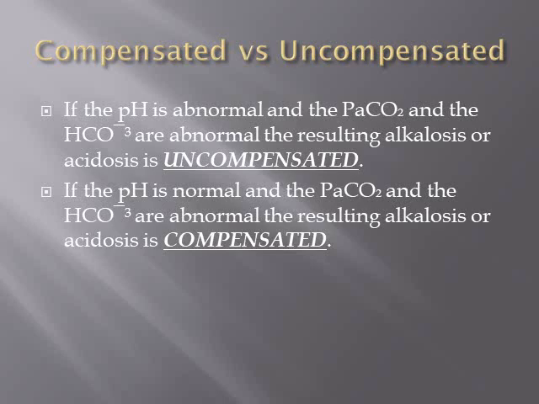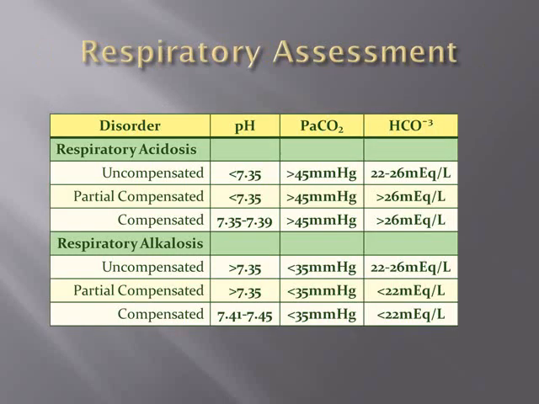So if the pH is abnormal, the PaCO2 and the bicarb are abnormal, and the resulting alkalosis or acidosis, it's uncompensated. Now I have more pictures in the next couple of slides that'll show you what partial compensation looks like. But if the pH is normal and the PaCO2 and the bicarb are abnormal, the resulting alkalosis or acidosis is compensated. So we'll see what that looks like.